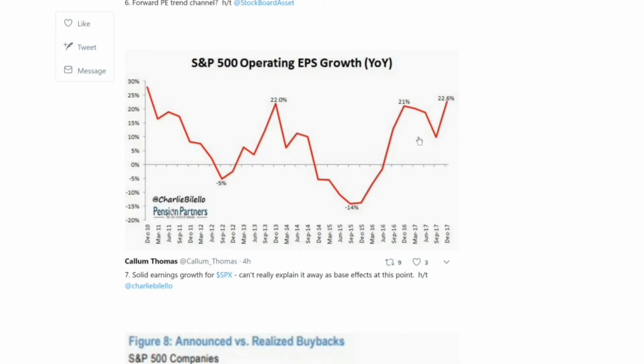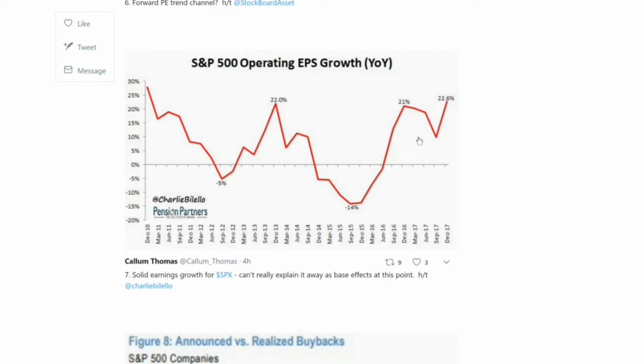But tax cuts are going to be coming in this year, right? So this is December results that we're looking at here. So this is trailing. So what that tells you is, forget about the tax cuts and notice how earnings were already on an improving path, and 22.6% is a 7-year high in the growth rate of earnings.